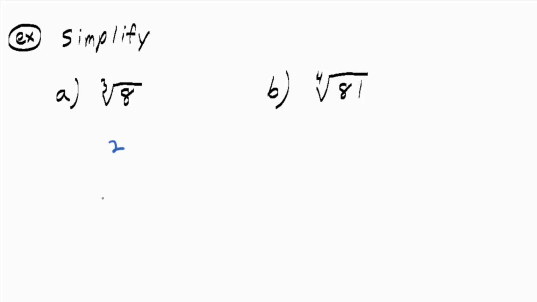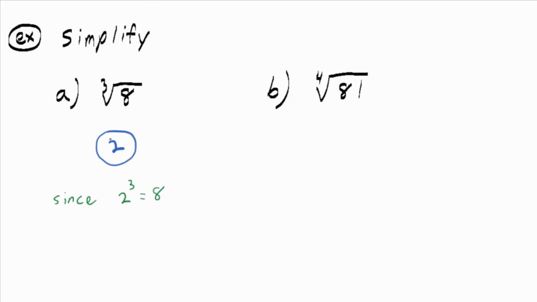So why is this true according to the definition? This is true since you can do what with 2? You can take it to the third power and get what's underneath the radical, right? So the cubed root of 8 is 2, since 2 cubed equals 8.